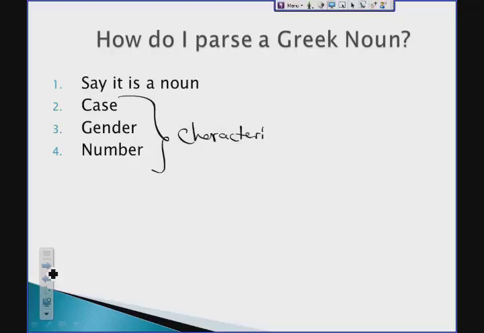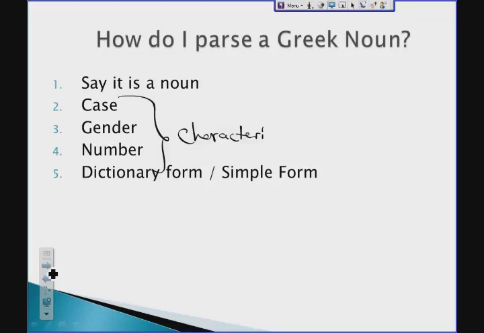Whenever you analyze a Greek noun, you must first tell me it's a noun. Secondly, case, number, and gender. And then going forward, what do you have? You must tell me the dictionary form. And what do I mean by the dictionary form?